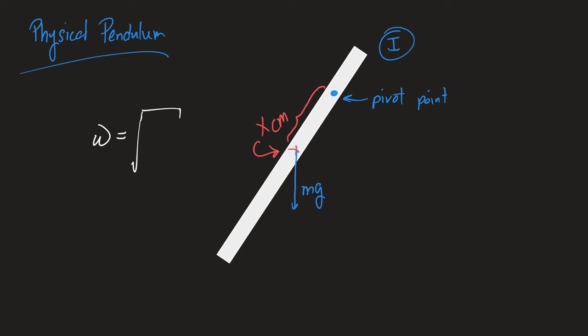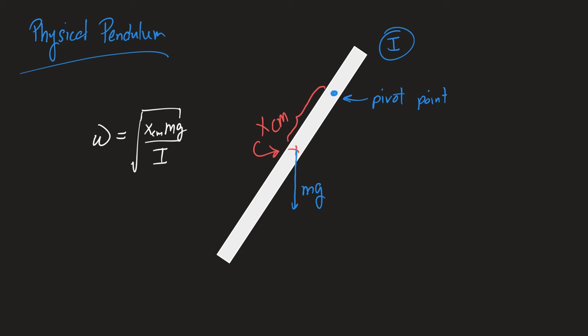Restoring force on top, inertia on the bottom. So X mg divided by I. Restoring force on top, K, inertia on the bottom, M.